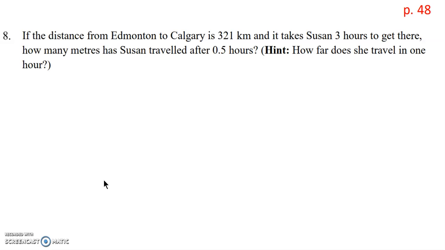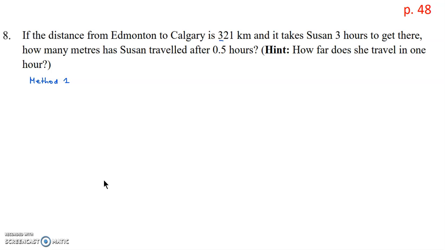There's a couple ways to go about this problem. In fact, there are many ways to go about it. I'm just going to show 2 different methods. So the first method, method 1, is to figure out the distance for half an hour in kilometers.